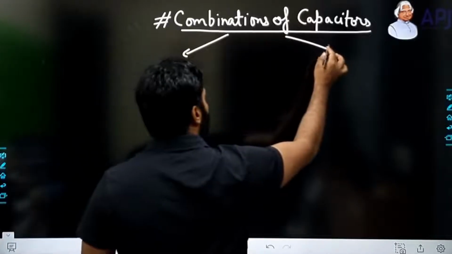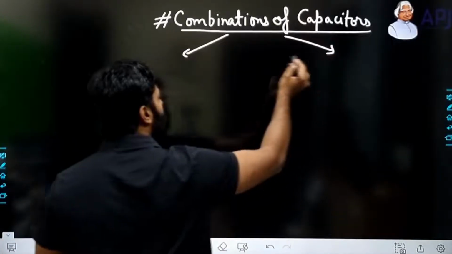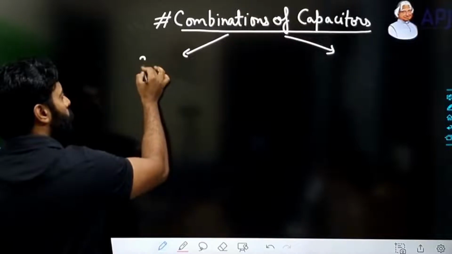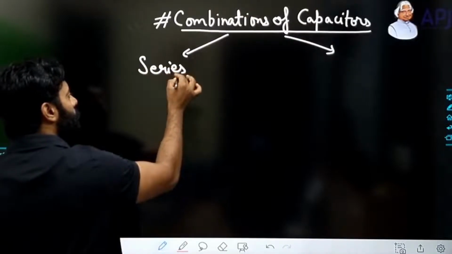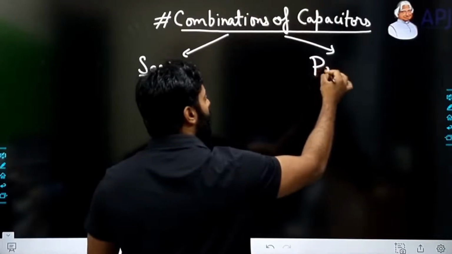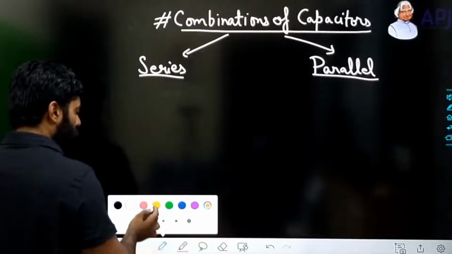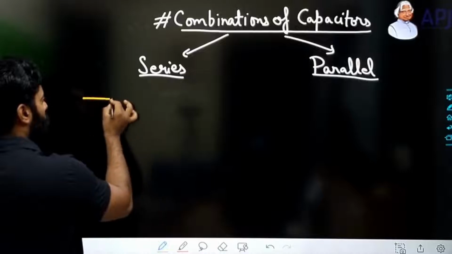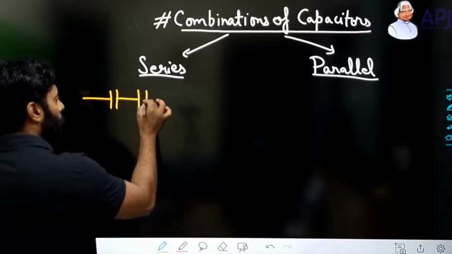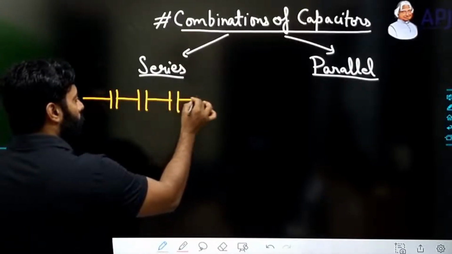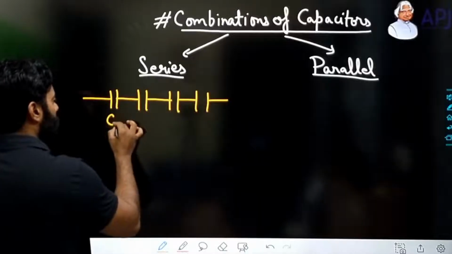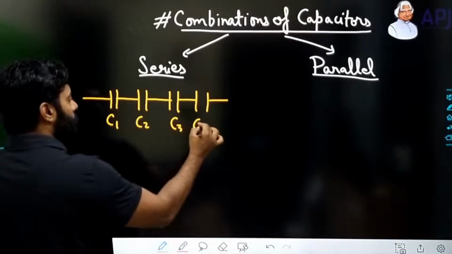So there are two possible combinations and the other one is the mix. So they can be in series, they can be in parallel. For series, you can say this. This is C1, this is C2, this is C3, this is C4.